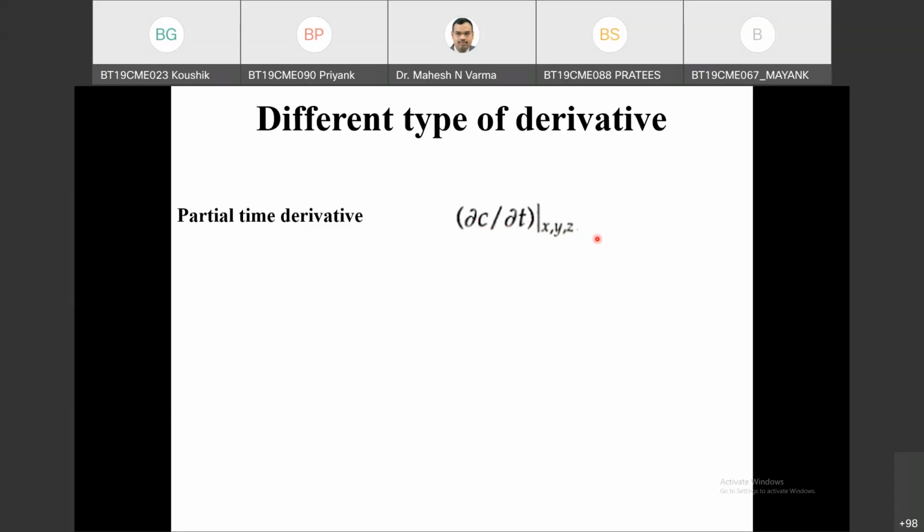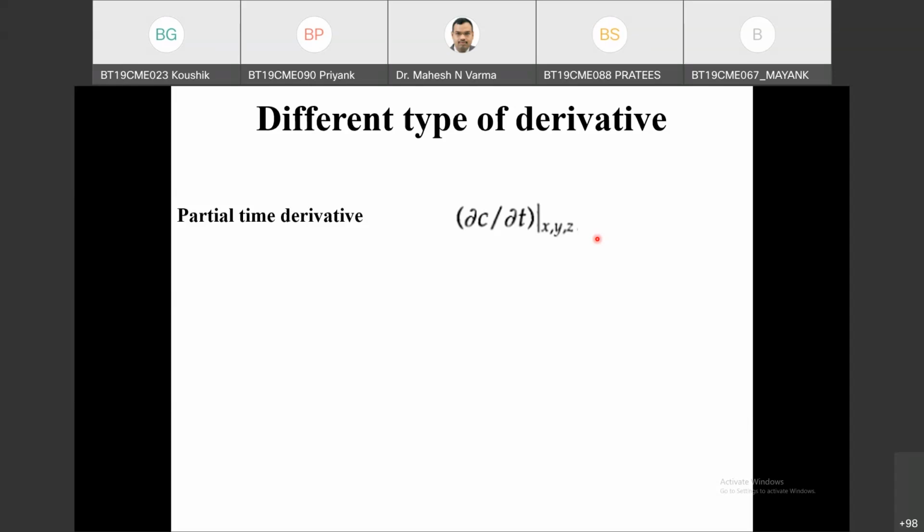A steady platform is there inside the pond, and you are holding a transparent cube of 1 meter by 1 meter by 1 meter. You are standing on this steady platform inside the pond and measuring the fish concentration.